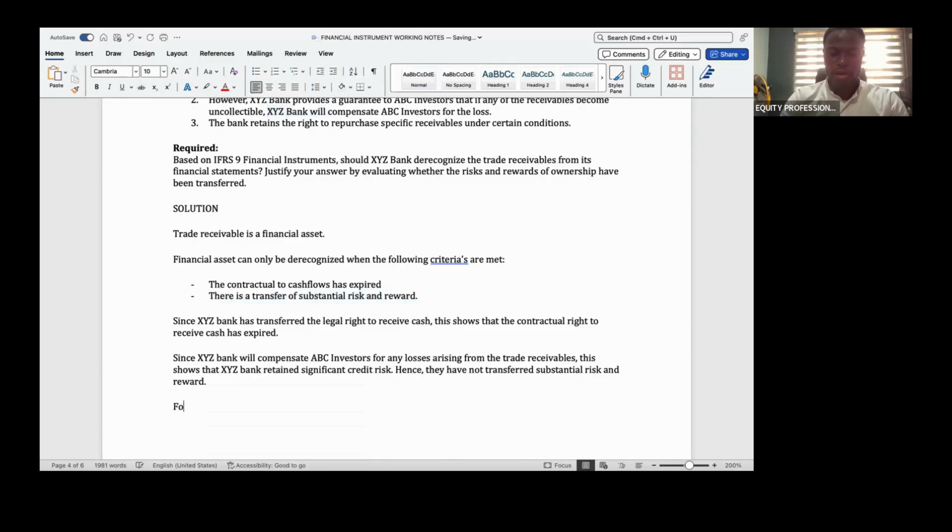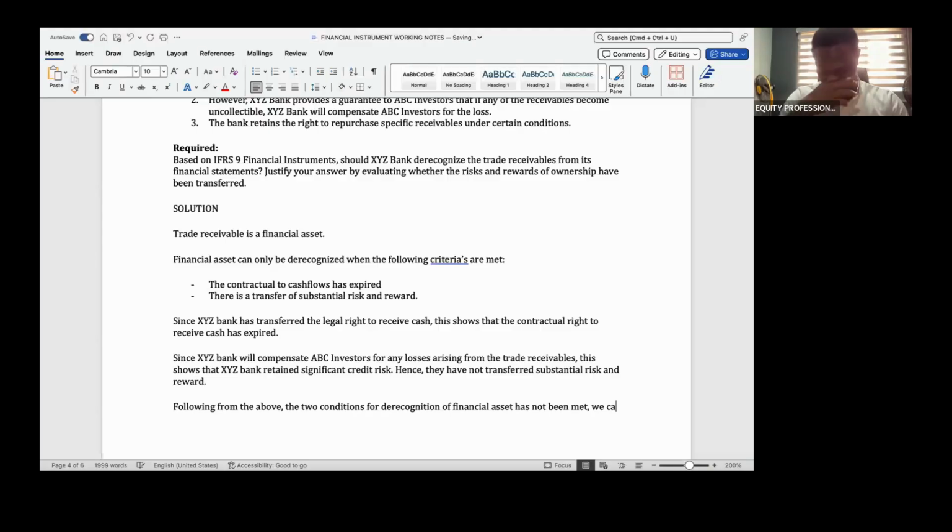So, following from the above, the two conditions for the derecognition of financial assets have not been met.